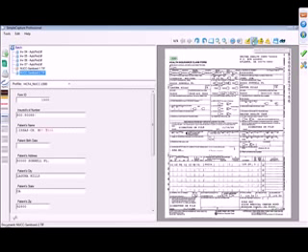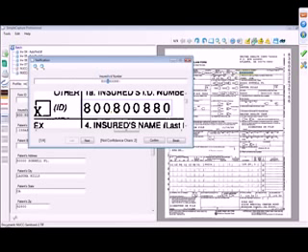What that means is that as documents are being processed by the solution, only those documents that have uncertain characters or business rule violations would come to an operator for them to take action on. So instead of me seeing 100 claims and keying in each claim individually, the software would process those 100 claims, and only those with problems would come to me as an operator.